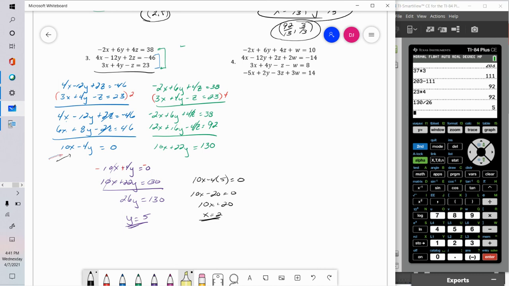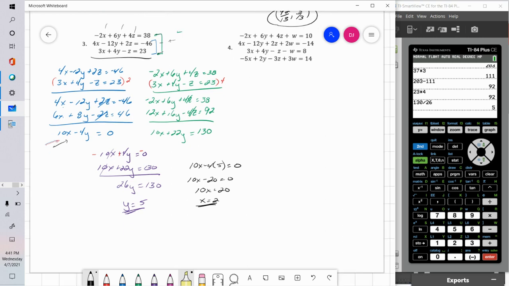Because remember, back to the original up here, number 3, there are 1, 2, 3 equations, 1, 2, 3 unknown values. I also need to calculate the value of z. So now I pick one of these 3 original equations to substitute z in. I'm just going to pick the third one since it only has a 1z.